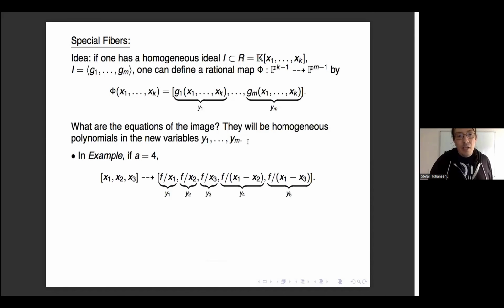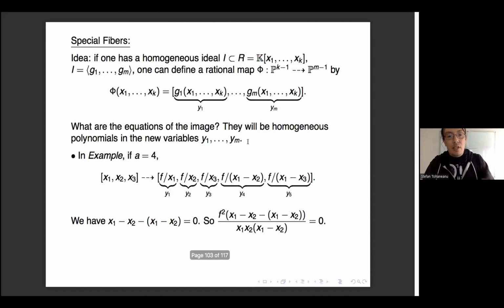So in the example, because we have this relation, the first linear form minus the second equals this one, the fourth, we multiply it by f squared over the product of x1, x2, and x1 minus x2, the product of these three forms.